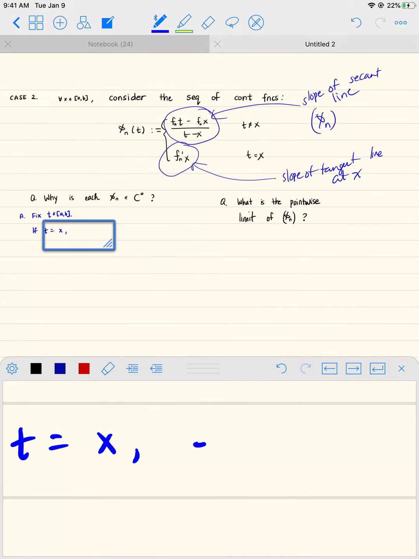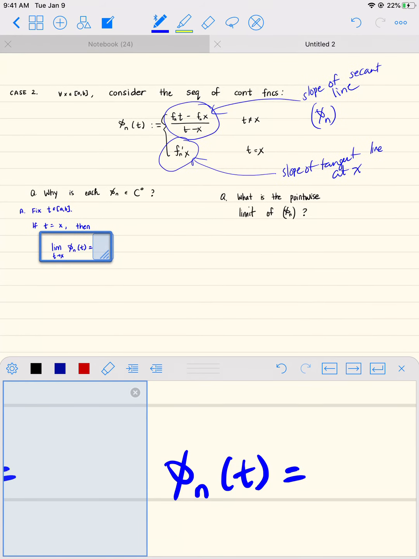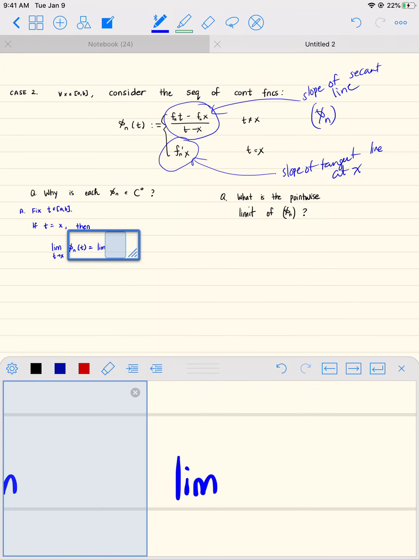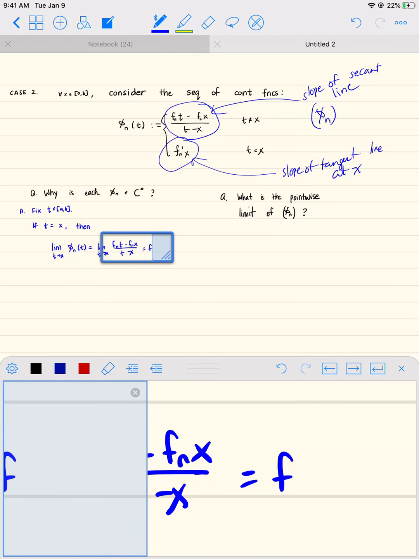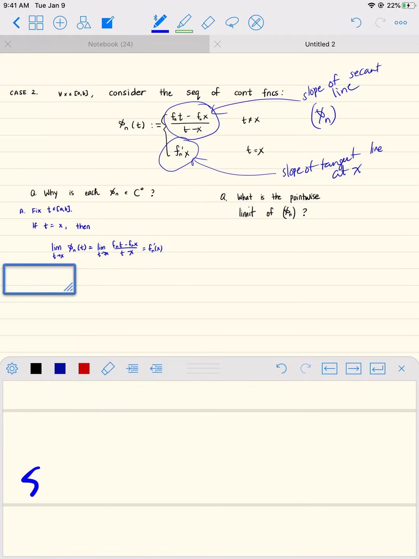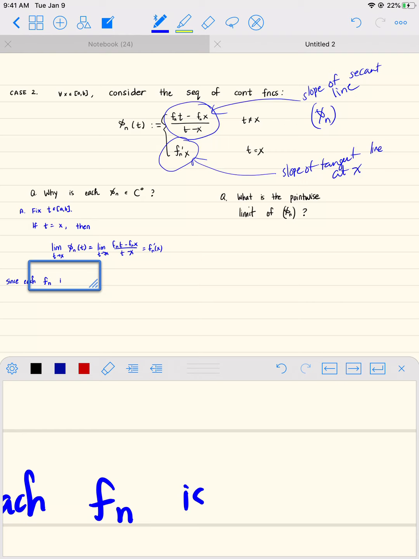So if t is equal to x, then the limit as t approaches x of phi sub n of t is equal to the limit as t approaches x of fn of t minus fn of x over t minus x, and that is precisely fn prime of x, since each fn is differentiable.